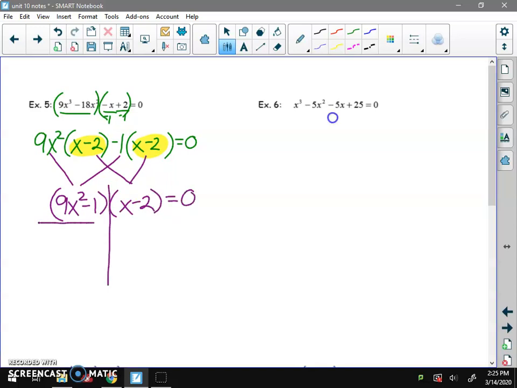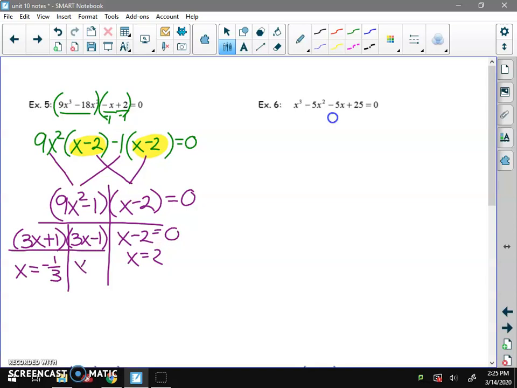This is the difference of 2 perfect squares. That would be 3x plus 1 and 3x minus 1. This one would be x minus 2 with no work to be done. So this side's x equals 2. This one's going to result in x equals negative 1/3, and this one's going to result in x equals 1/3.